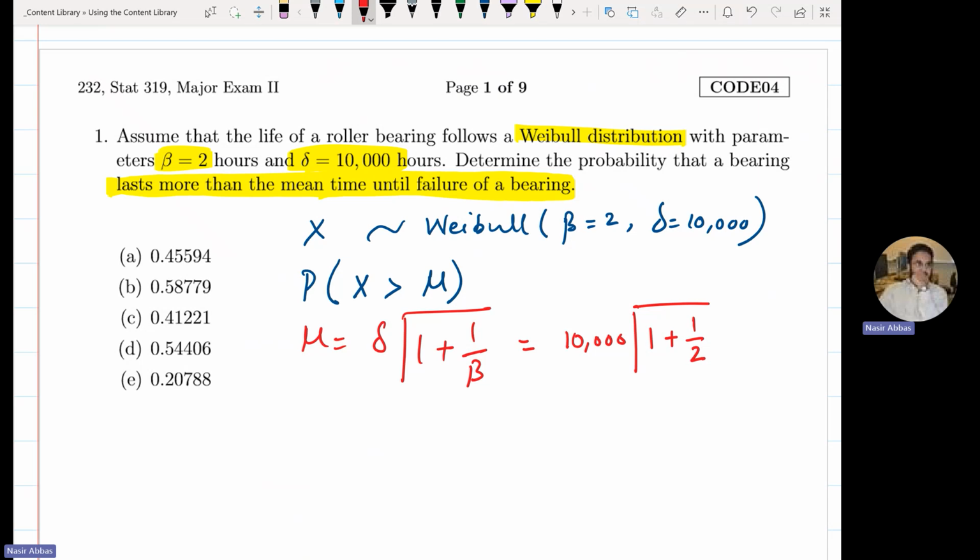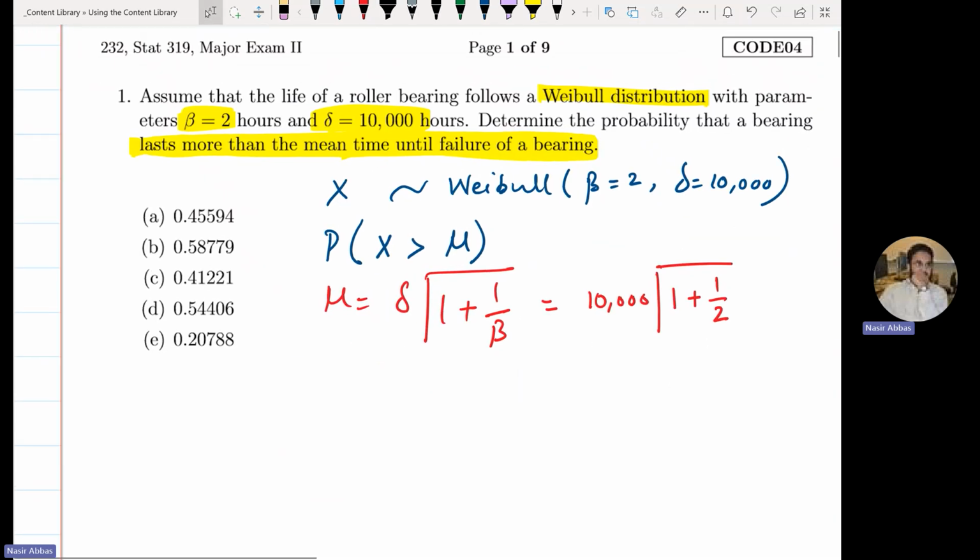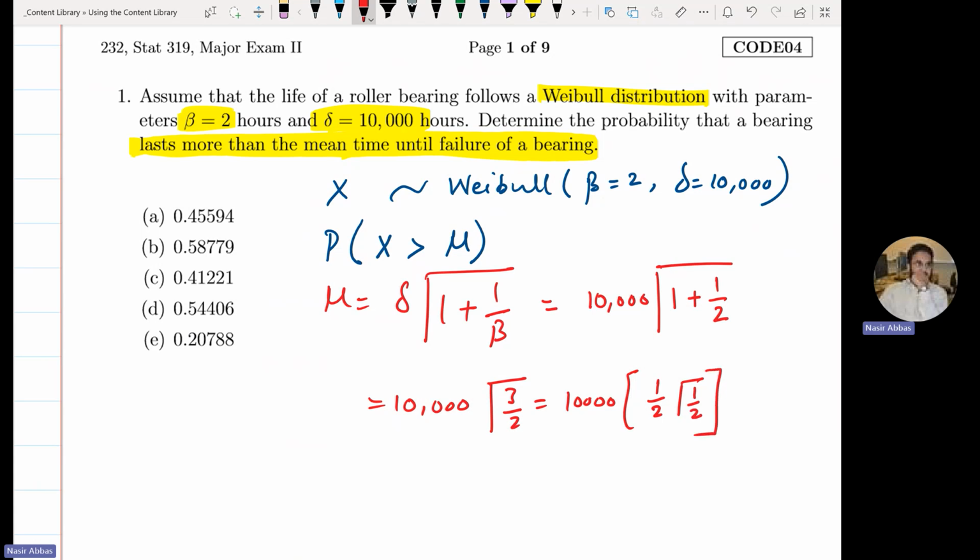Tricky question. We know that the gamma of an integer is the integer minus 1 factorial. And we also know that gamma of any number is equal to number minus 1 times gamma of number minus 1. Now, how do you open this gamma of 3 by 2? So this is 10,000 multiplied by 3 by 2 minus 1, which is half, multiplied by gamma of half.